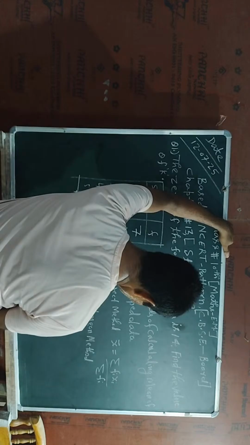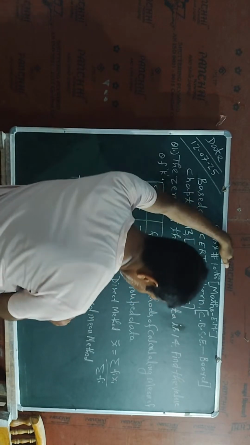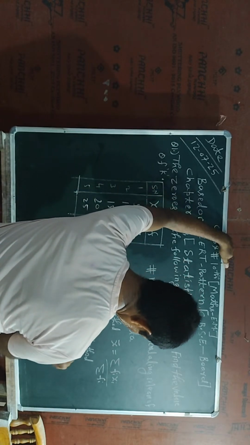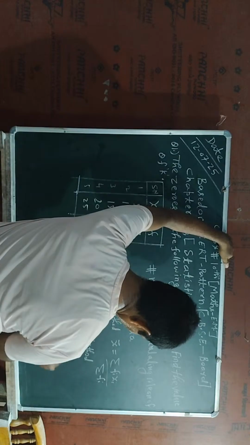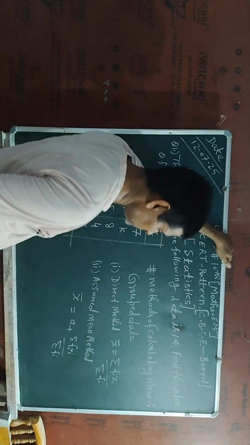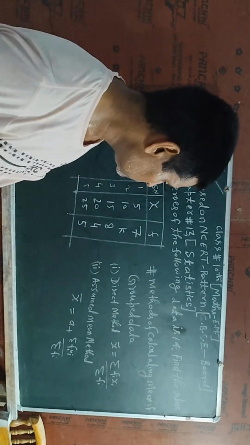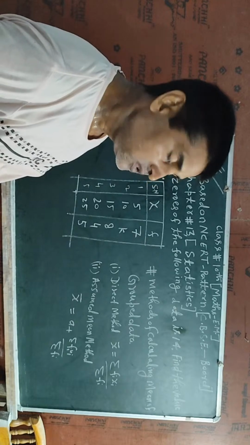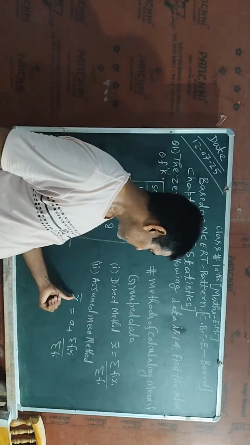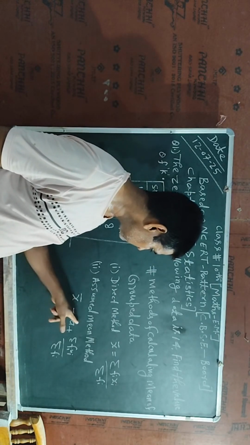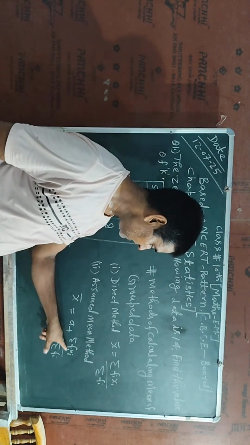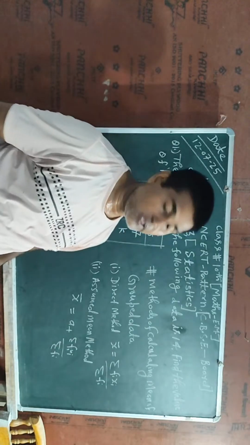In this case, I will write x bar, which is equal to a plus sigma fi ui divided by sigma fi. Here x bar represents the mean value of the grouped data, which is equal to a plus sigma fi into ui divided by sigma fi.